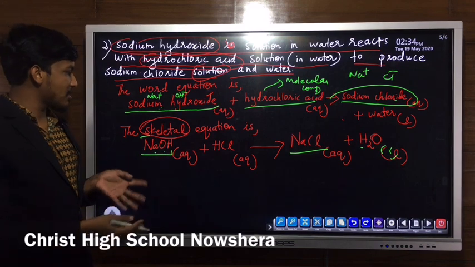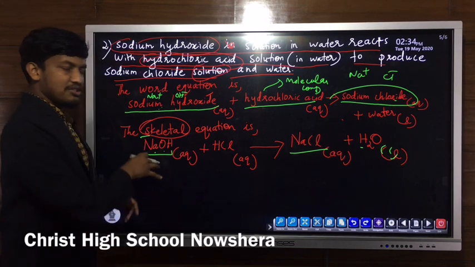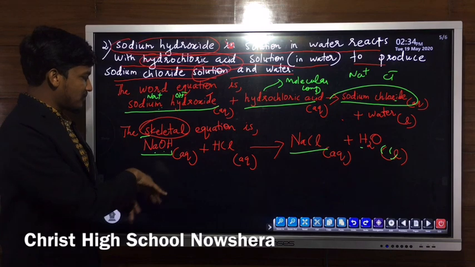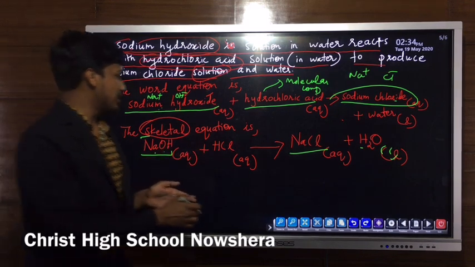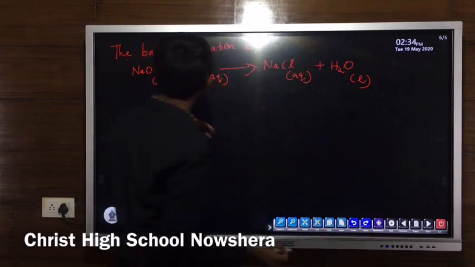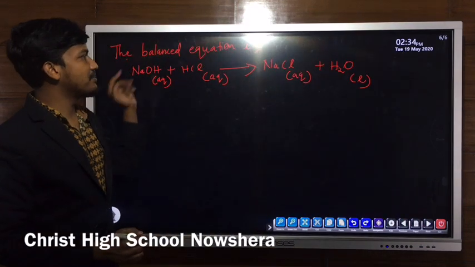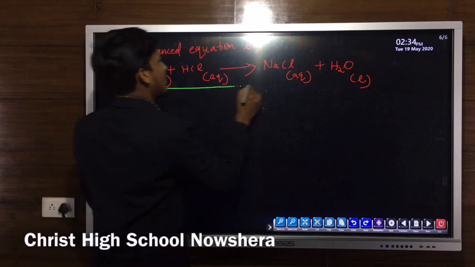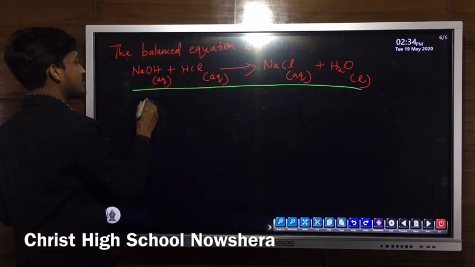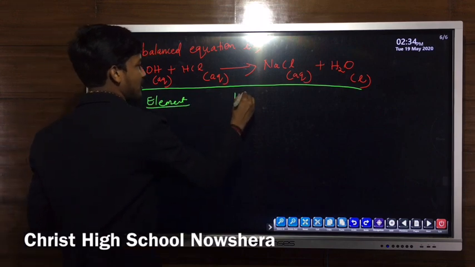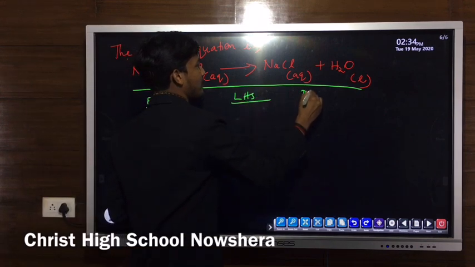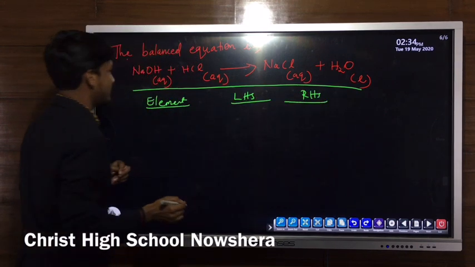Now what is the next step? We will list each and every atom of this equation, and we will balance it. So next, we are going to balance the equation. This is the unbalanced or skeletal equation. First of all, we will find out the atoms.